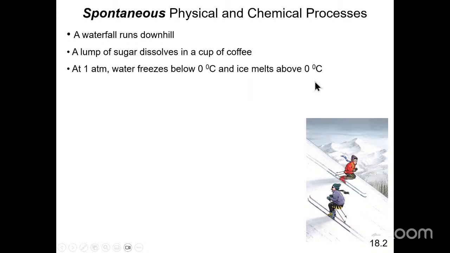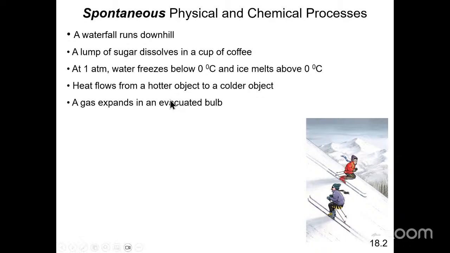Both the freezing and melting at the different temperatures are spontaneous processes. Heat flows from a hotter object to a colder object. If you have two objects in contact with each other, one hotter and one colder, there's going to be a heat flow from the warmer object to the cooler object. Again, that's an example of a spontaneous process.